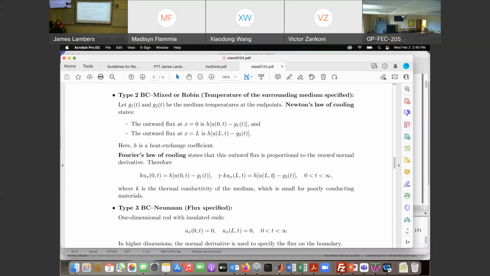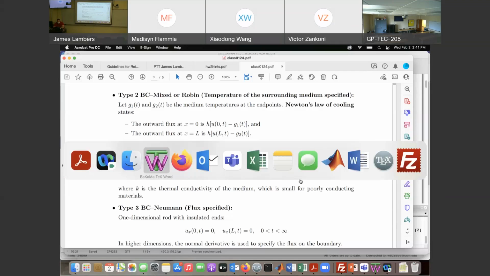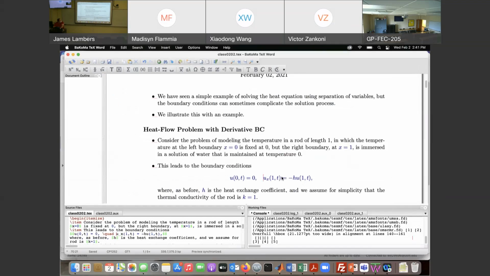And then that is set equal to minus k u_x. Okay, so the outward flux is proportional to the inward normal derivative. So if we compare this boundary condition to what we have here, k is equal to 1, the minus has been moved over here, and the medium temperature is 0. So it's that boundary condition.